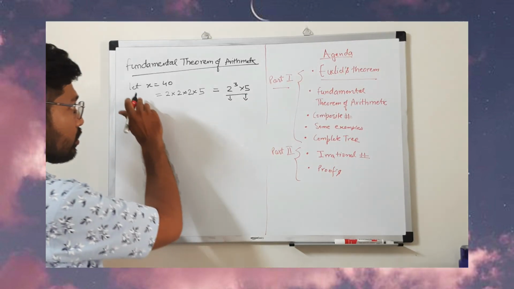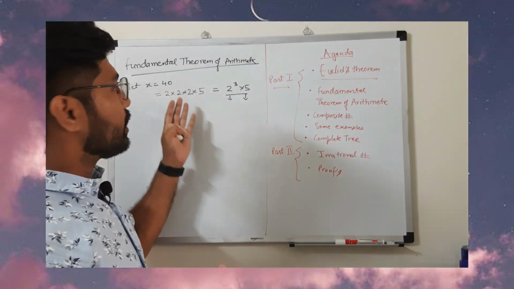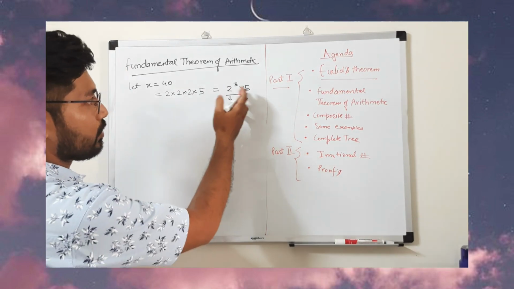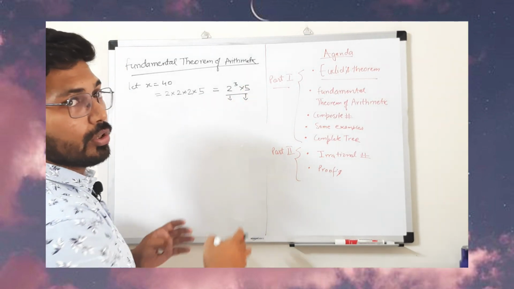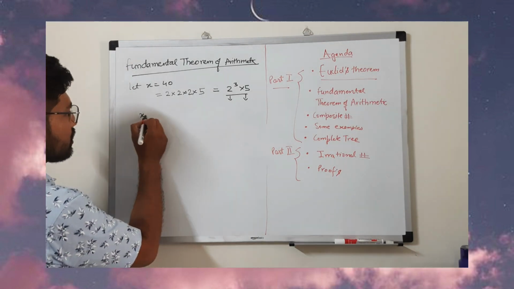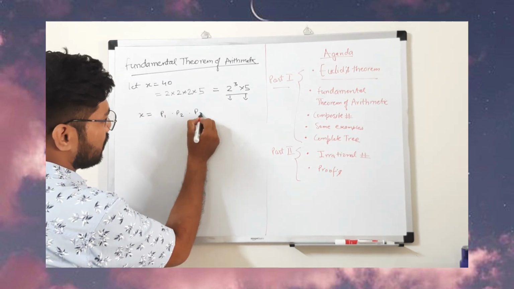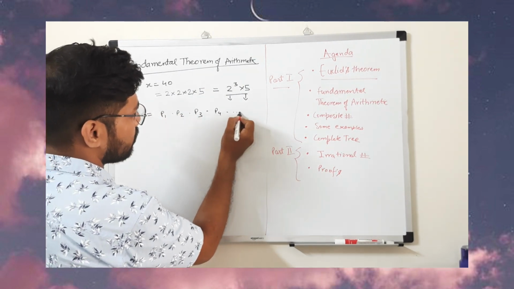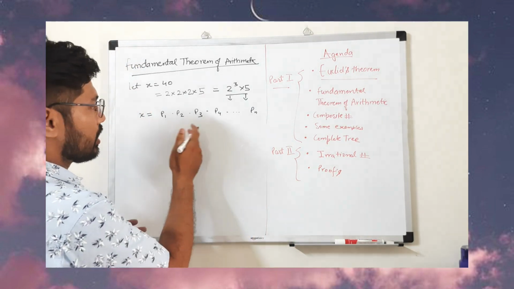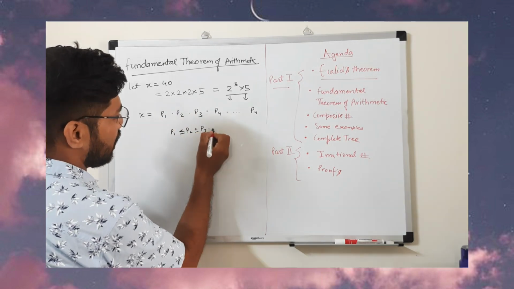So this theorem says any number can be divided into prime factors, and the order is not mandatory. You can put it in any order, 2 into 2 into 5 or 5 into 2. In the general form, x is equal to p1, p2, p3 and so on up to pn, where p1, p2, p3 are the prime numbers and p1 is less than or equal to p2, less than or equal to p3 and so on.